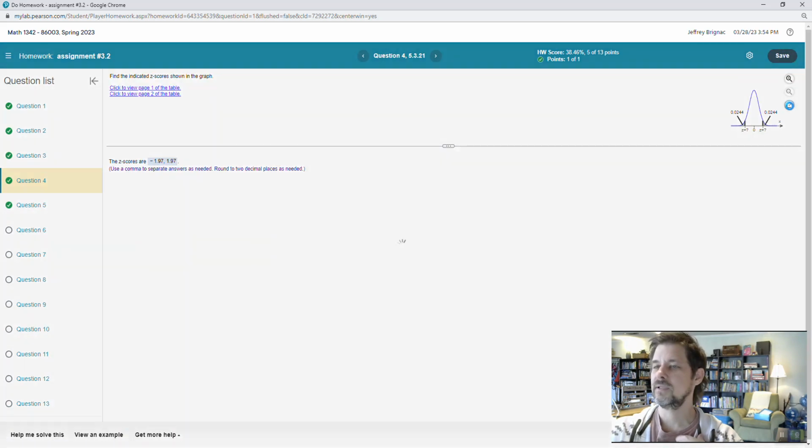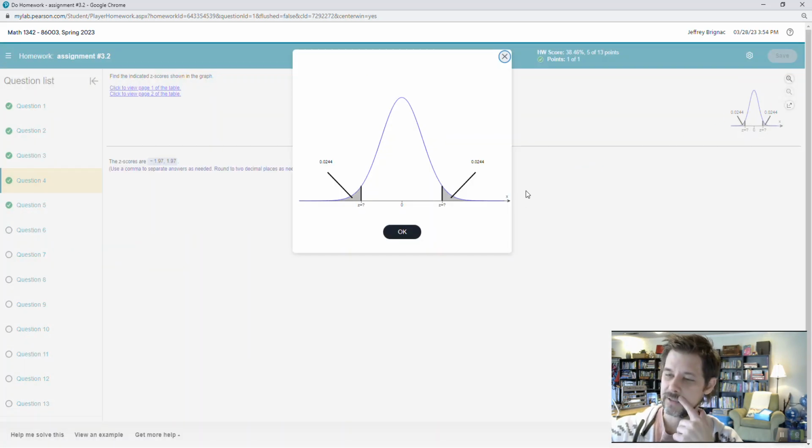Look at this one. This one's a little strange, but I still think we can understand it the same way. Here it's asking me to find this number and this number. This number, a z-score, has this area to its left, and then this number has this area to its right. Now, one thing about the normal distribution is it's symmetric about the mean. The mean right here, given that this is the standard normal, is 0.